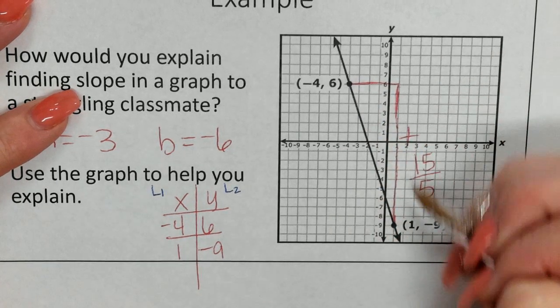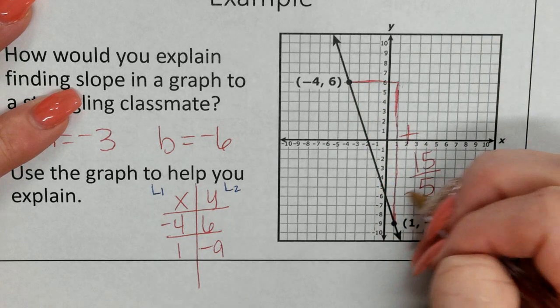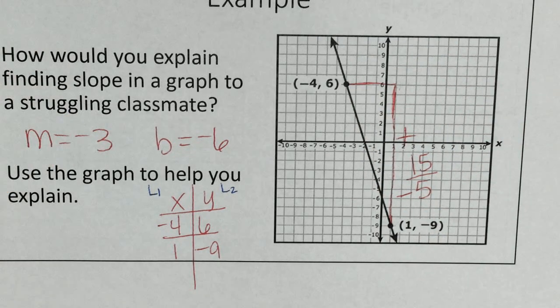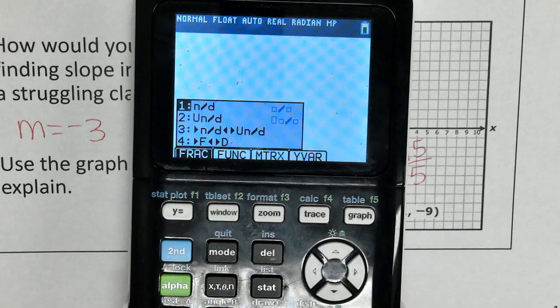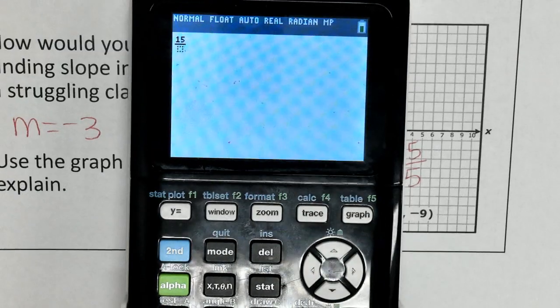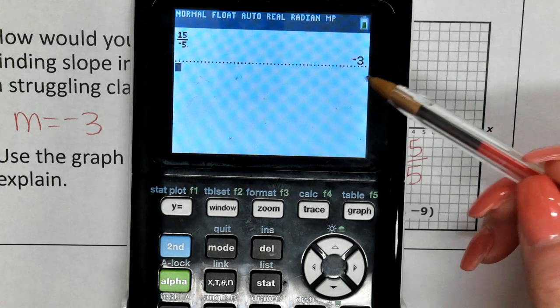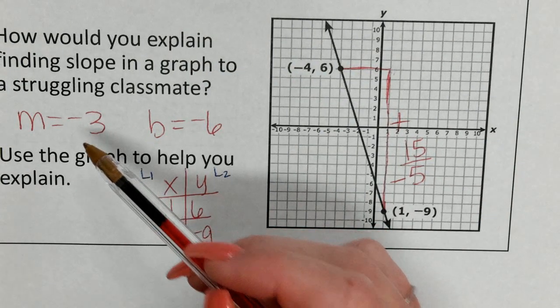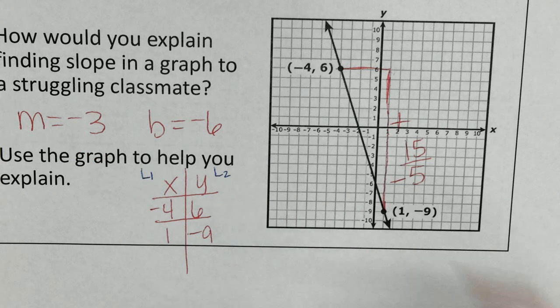And this is positive, it's going up. This is negative, it's going left. Or you could just know it's going down. 15 over -5 is what? Did I get the same slope, either using stat or rise over run? Yes, so it doesn't matter which way you do it, you will get the same answer.